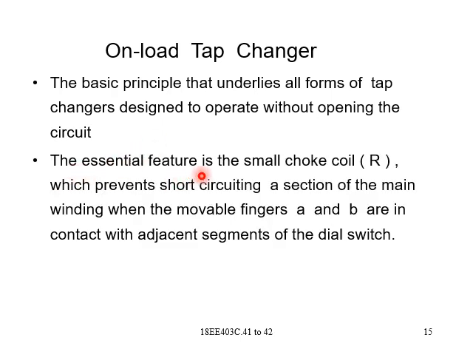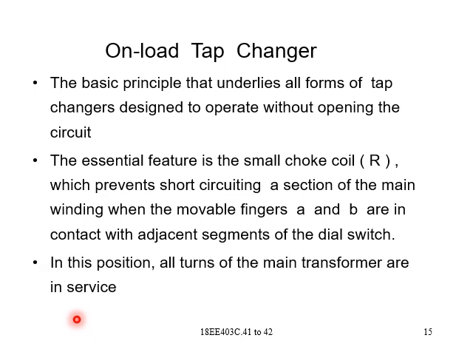The essential feature is the small choke coil R, which prevents short circuiting a section of the main winding when the movable fingers A and B are in contact with adjacent segments of the dial switch. And in this position, all turns of the main transformer are in service.